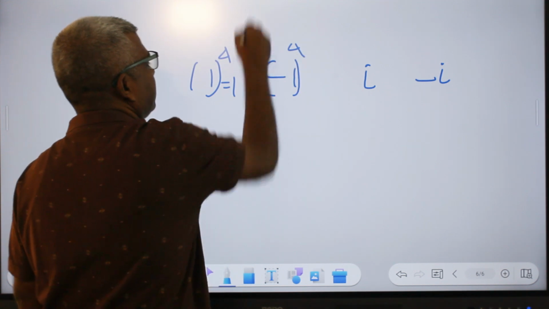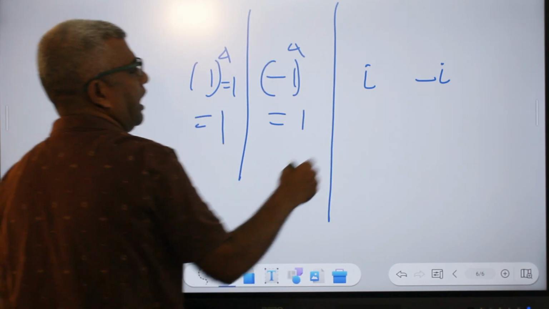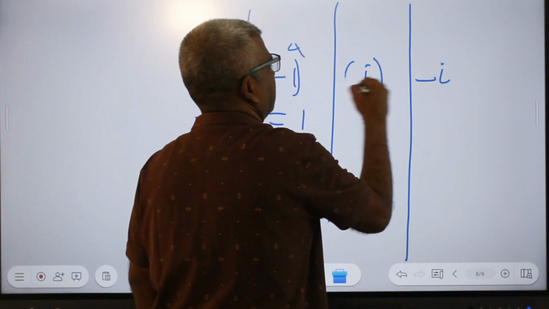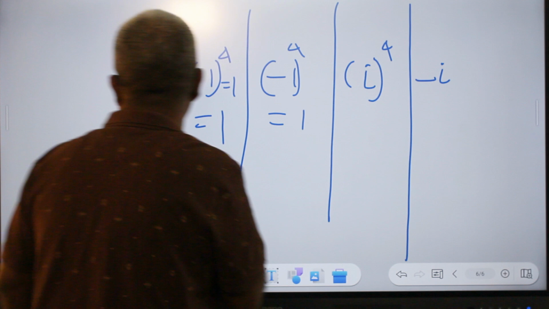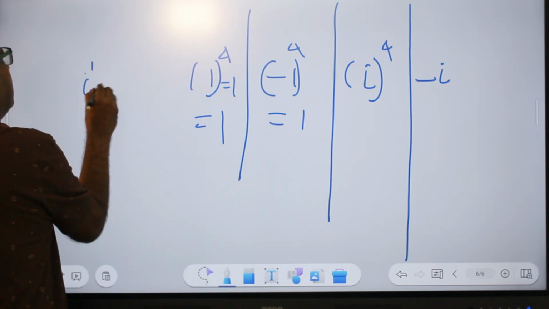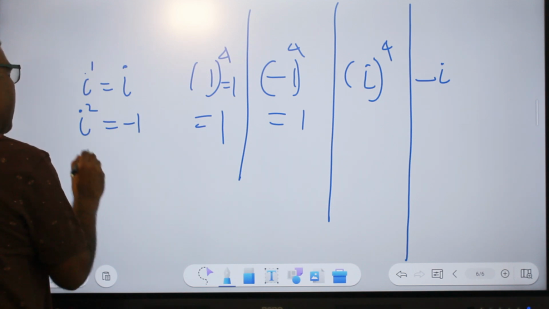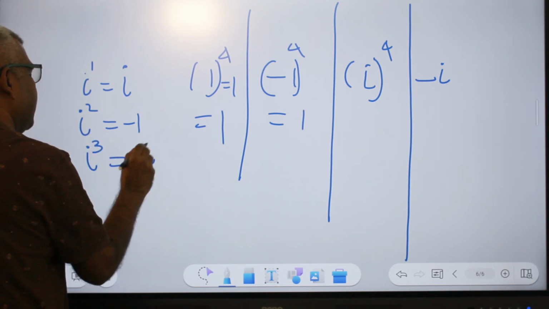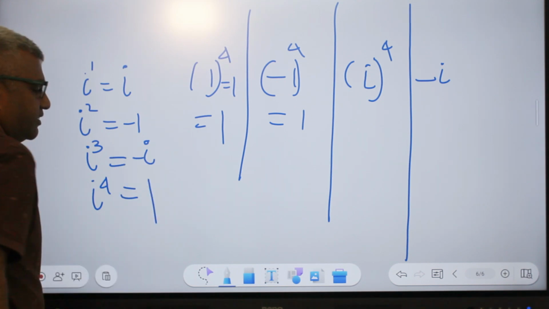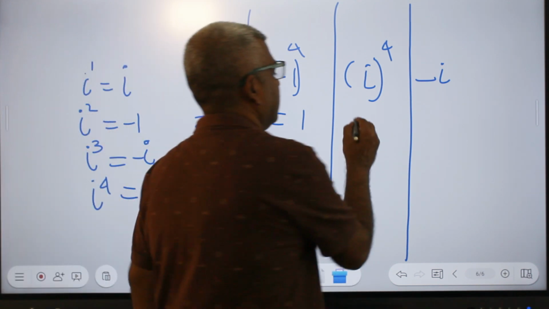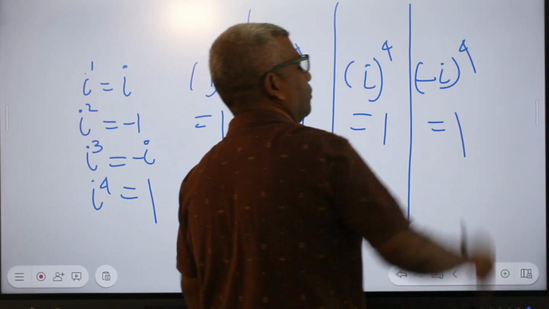Minus 1 power 4 is 1. i power 4: we know that i squared is minus 1, i cube is minus i, and i power 4 is minus i times i, which is 1. So i power 4 is equal to 1.